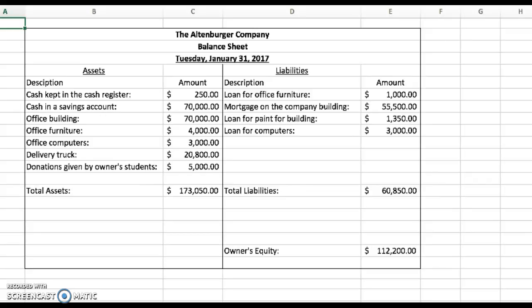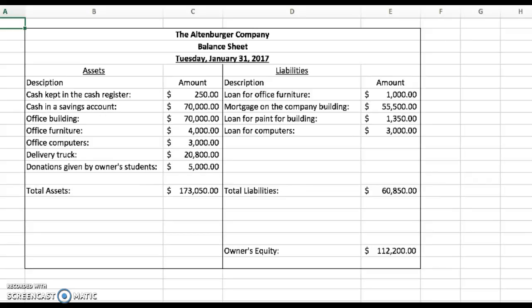Note that in the accounting world, and this is kind of important because we'll be talking about this a lot, the left side of an account or the left side of a financial statement is always called the debit side. The right side is always called the credit side.